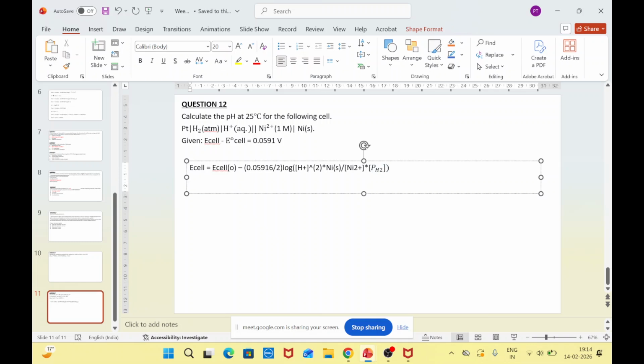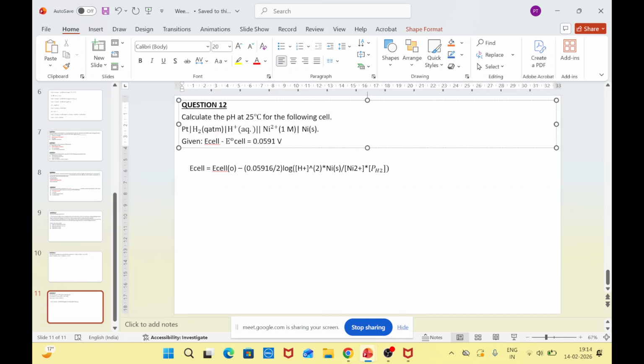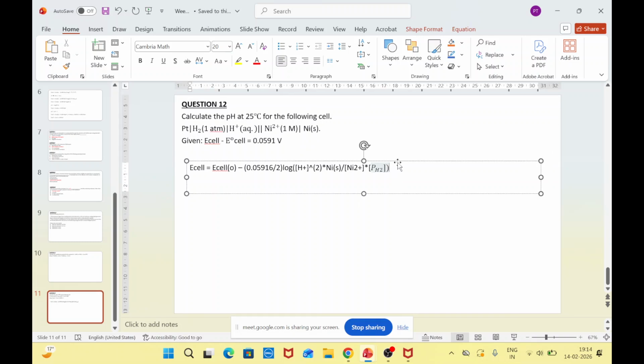So here the concentration of Ni2+ is 1 molar. The partial pressure of the hydrogen gas is 1 atmosphere. And for nickel solid, the activity coefficient is usually assumed to be 1.